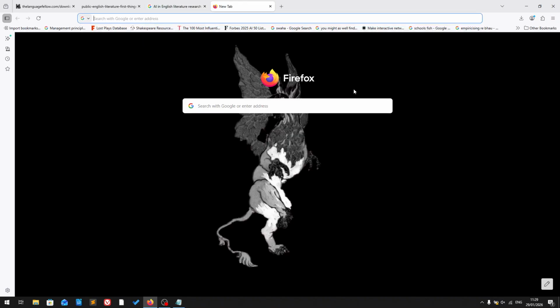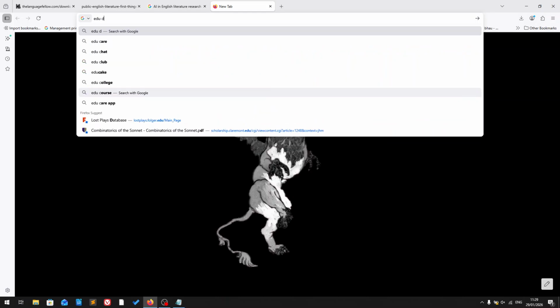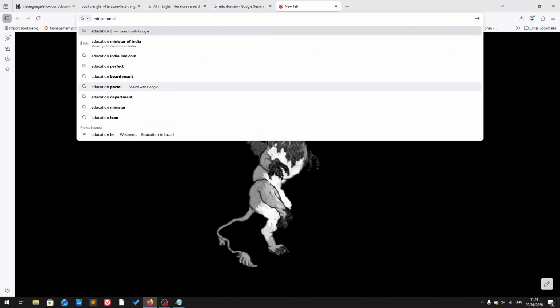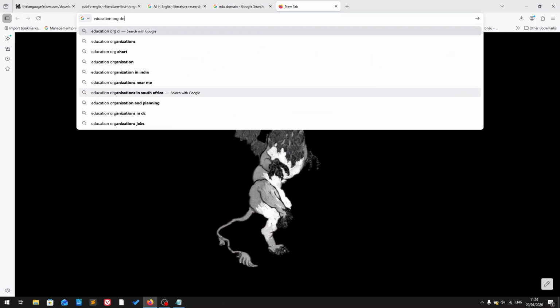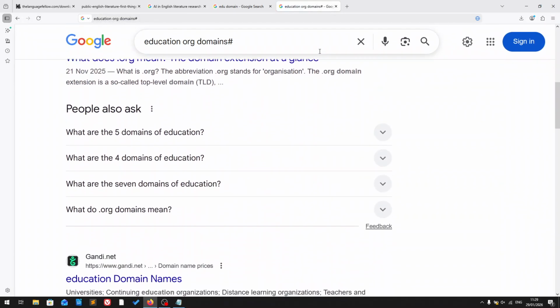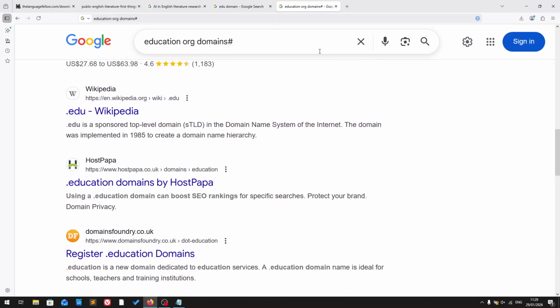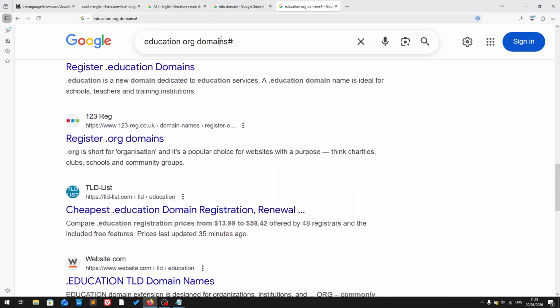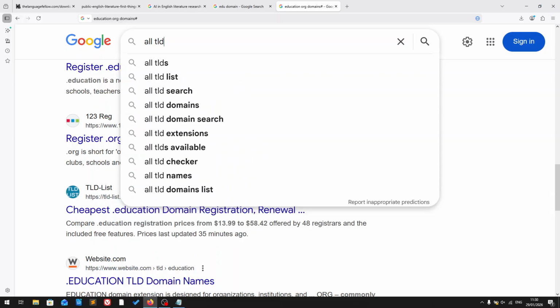So all websites with the edu domain will be listed, and education organization domains. All TLDs, top level domains.